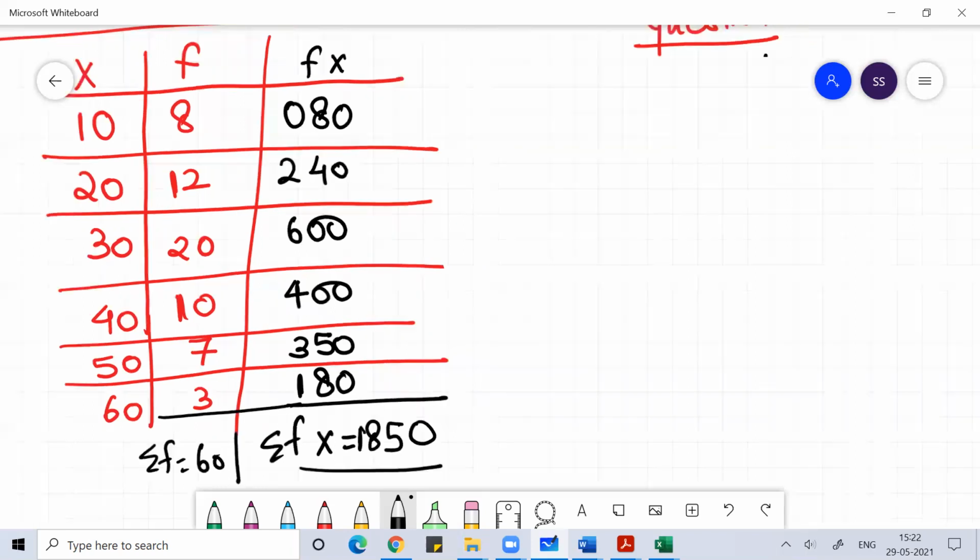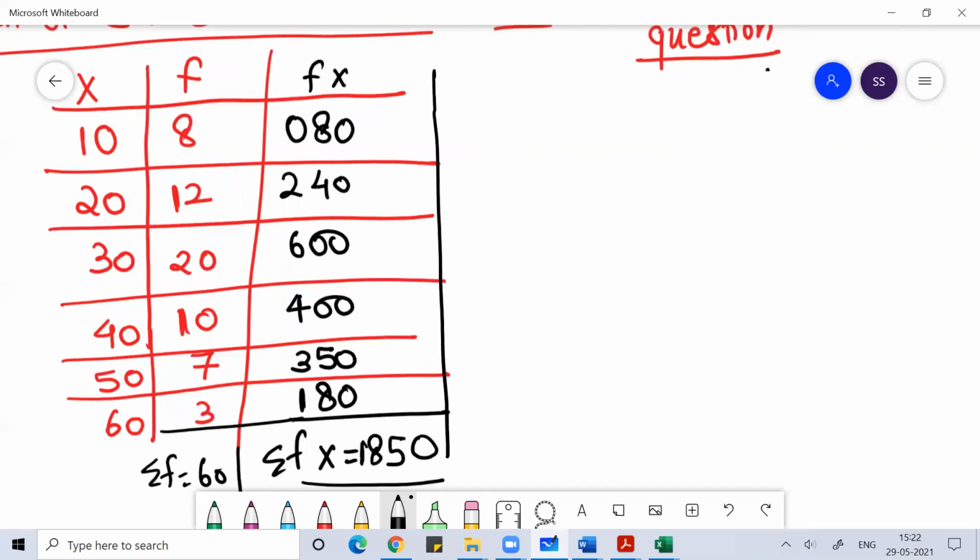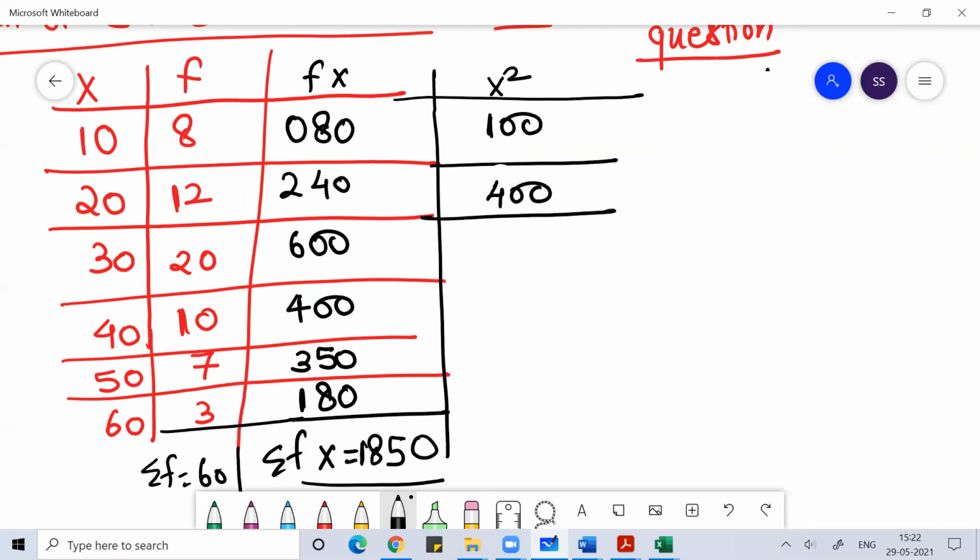Okay, then what you can do, you can find x square. That is 100. Then this is 400, 20 square, so that is 400. Then this is 900. This is 1600. This is 2500.